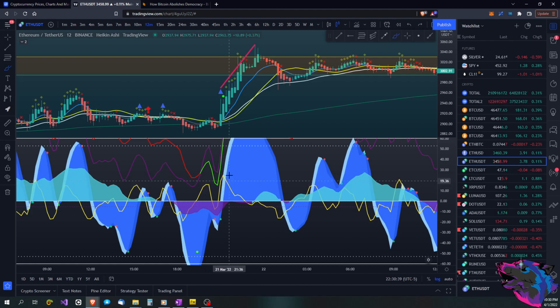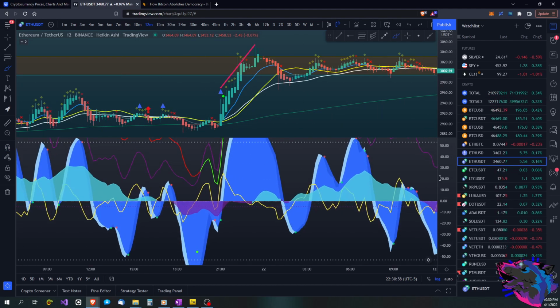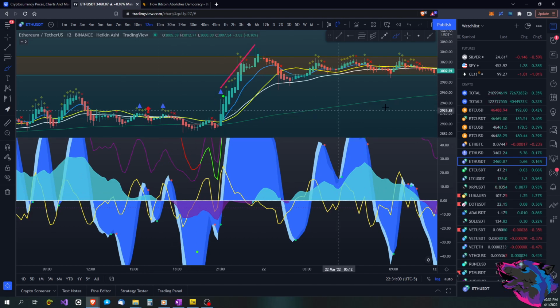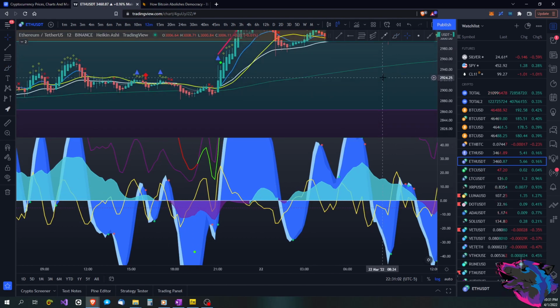But you could see high there, high there, high there as it kept on going down. So you definitely have some pretty decent divergence on that guy right there. And even right before that, move this up.